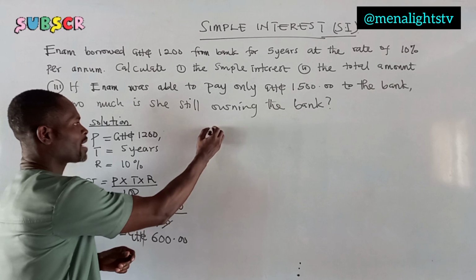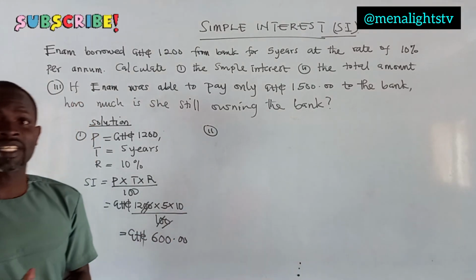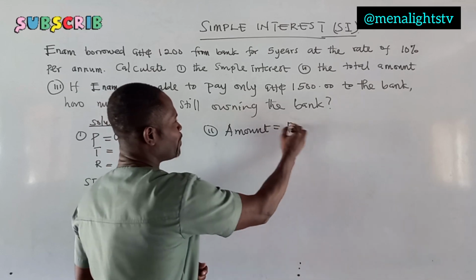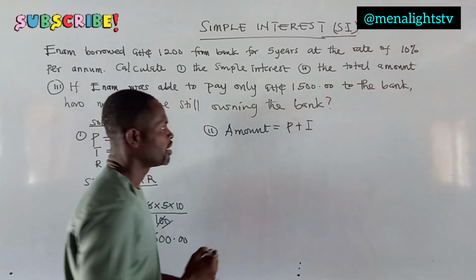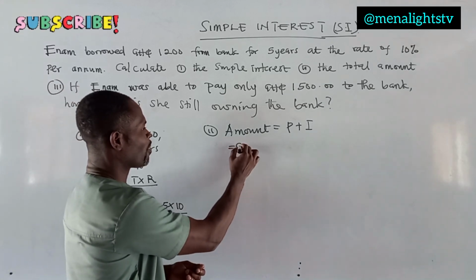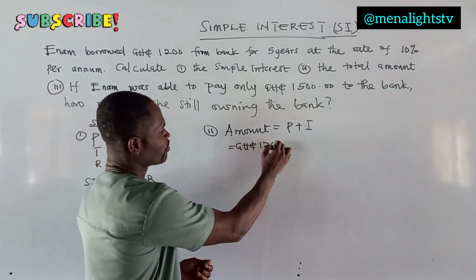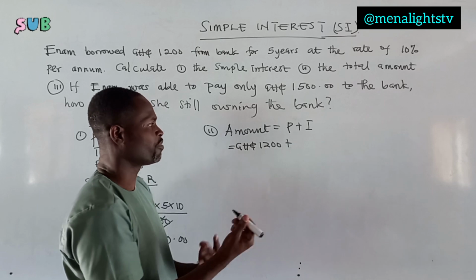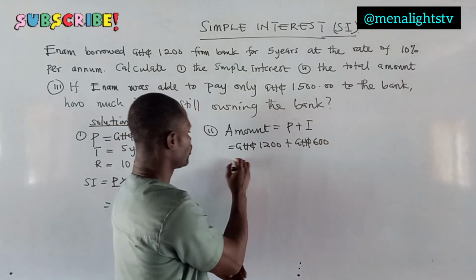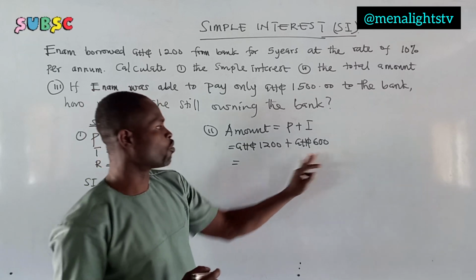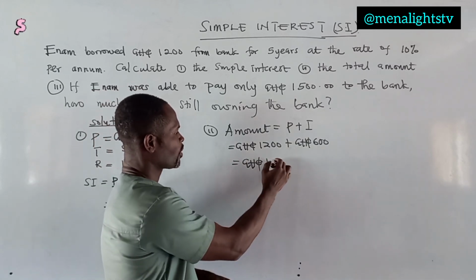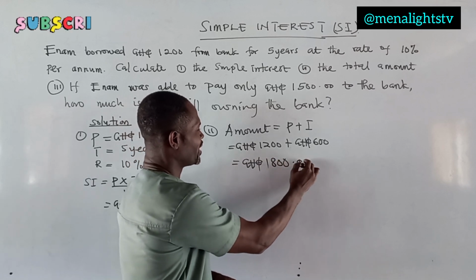Now we come to the second part of the question, which says to calculate the total amount. The amount is equal to the principal plus interest. From the question, our principal is 1,200 plus the interest that we have, which is 600 cedis. When you add 600 cedis to 1,200, it becomes 1,800 cedis.